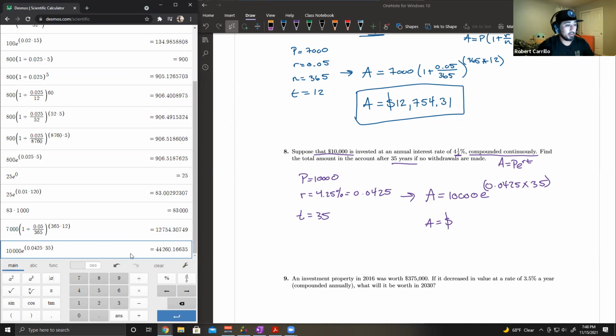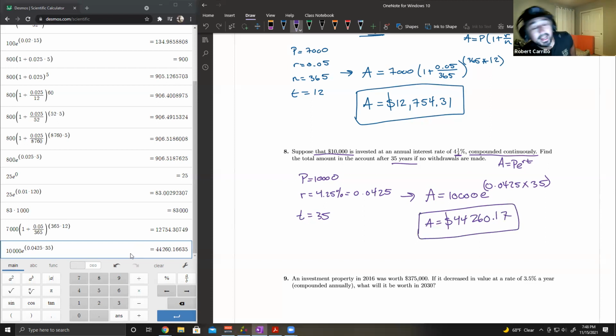And we will earn $44,260.17. And that's after 35 years. So in 35 years, you make $34,000. But still good. Okay. So that one we use Pert.